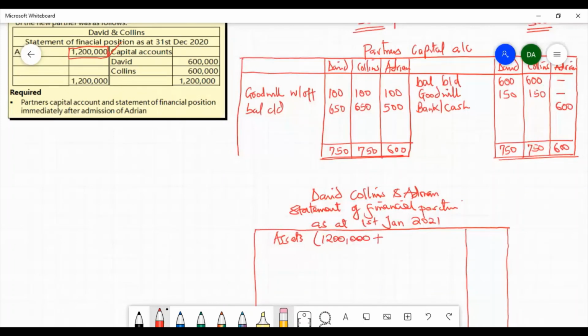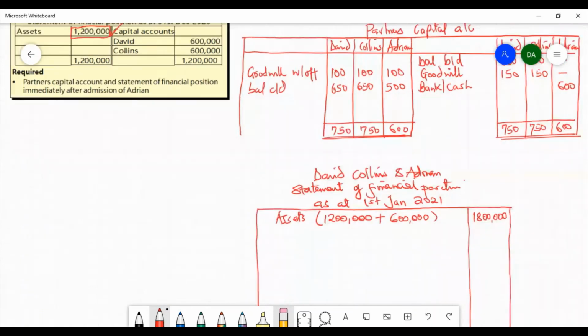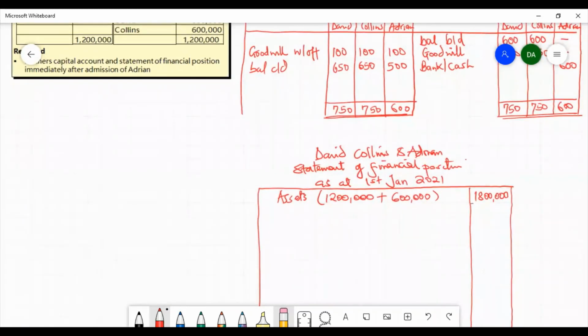But then Adrian brought in 600,000 as his capital. The total therefore becomes 1.8 million. And in this case, because goodwill has been written off, there will be no goodwill. So we just have a total of 1.8 million as the total assets.